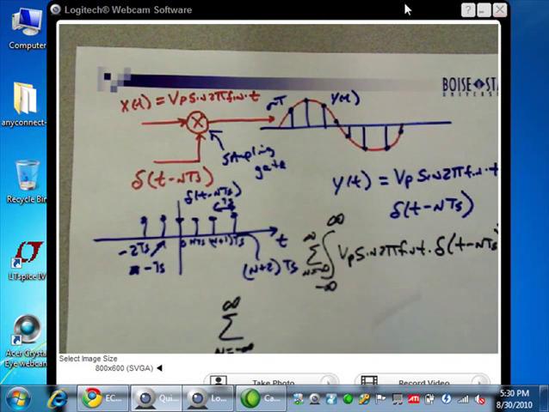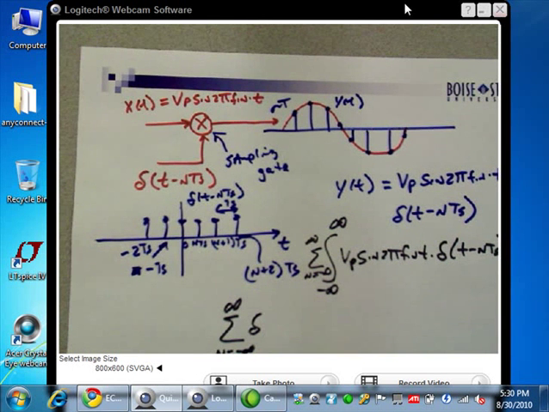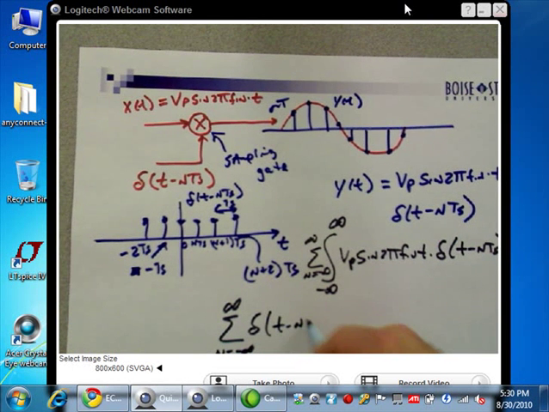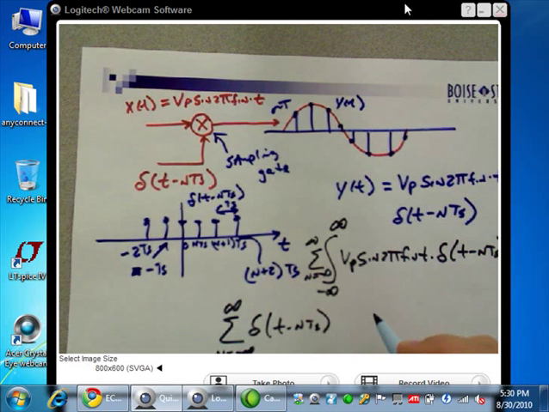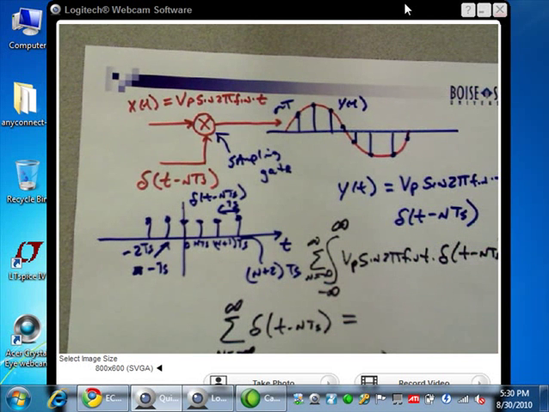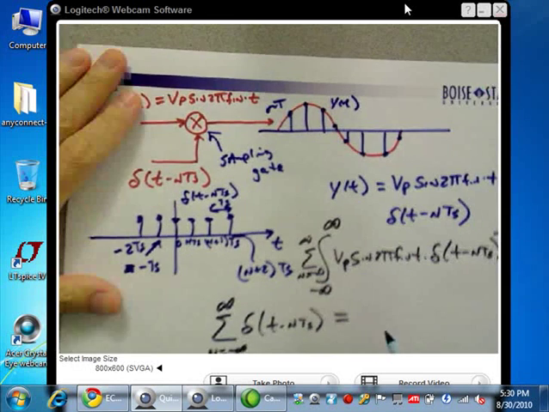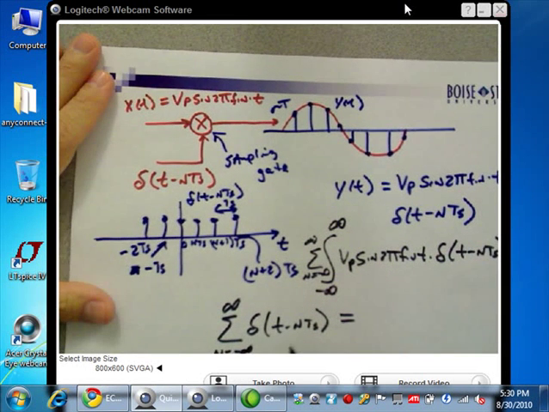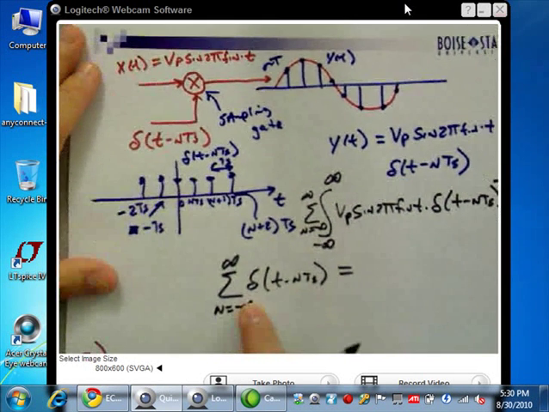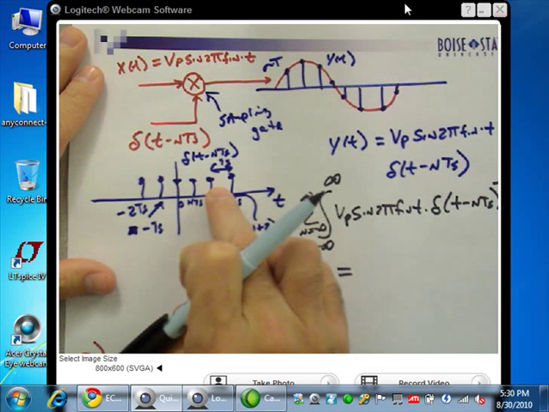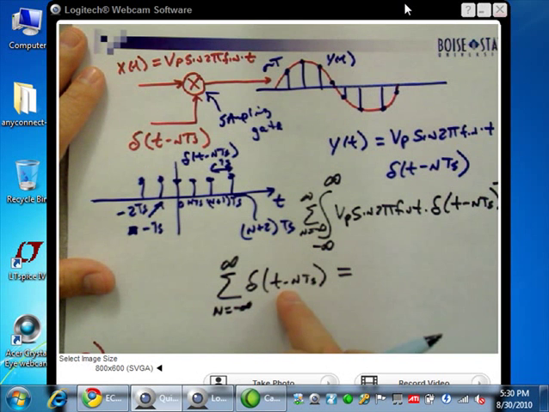But if I look at that sum of the impulse functions and its representation, this is a Fourier series, and so this is a periodic function corresponding to my sampling impulses. I want to represent it in the time domain.